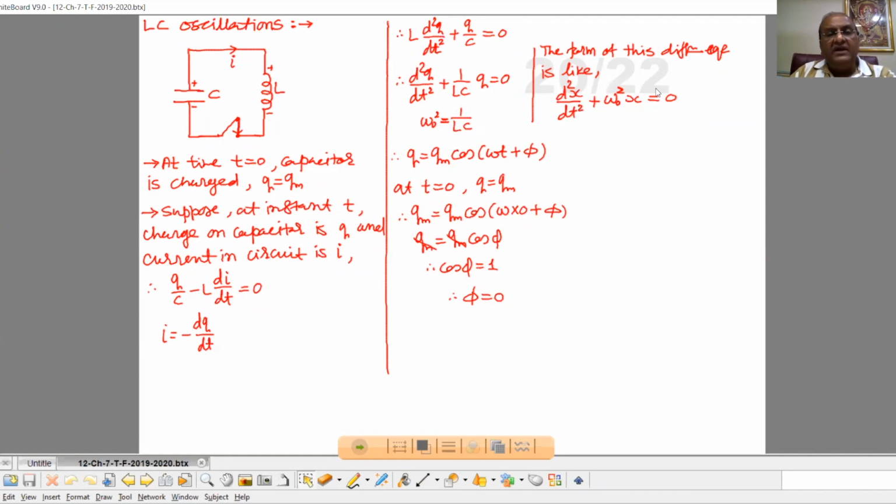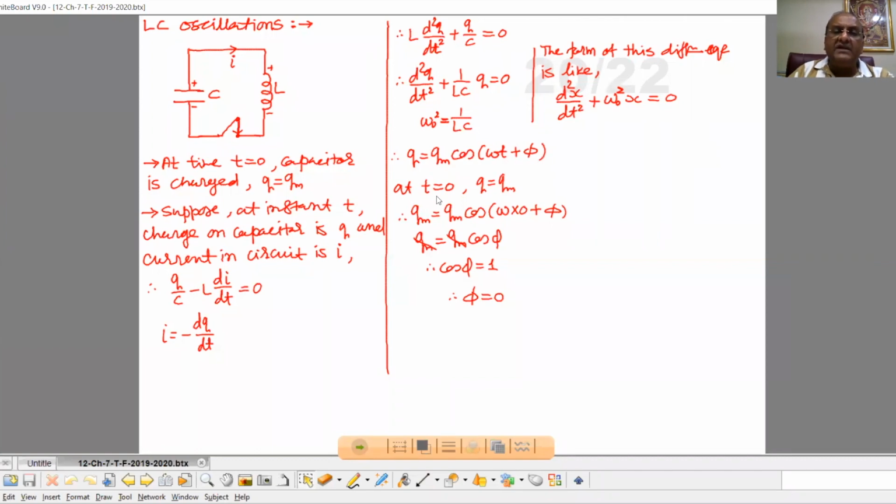Now in standard 11th, when we discussed this differential equation of simple harmonic motion, we derived its solution, that is y equal to a cos(omega t plus phi). So here we can consider the solution of this differential equation of charge as q equal to qm cos(omega t plus phi).